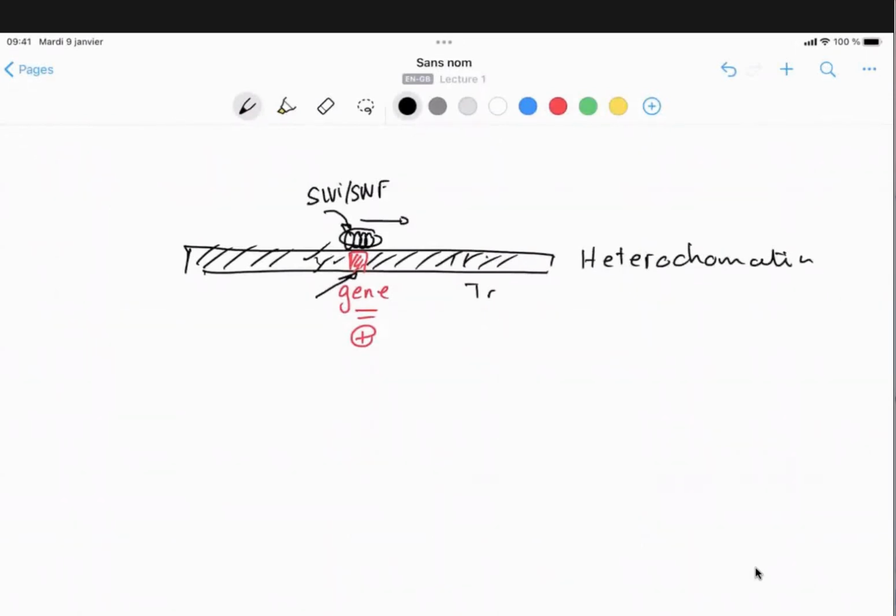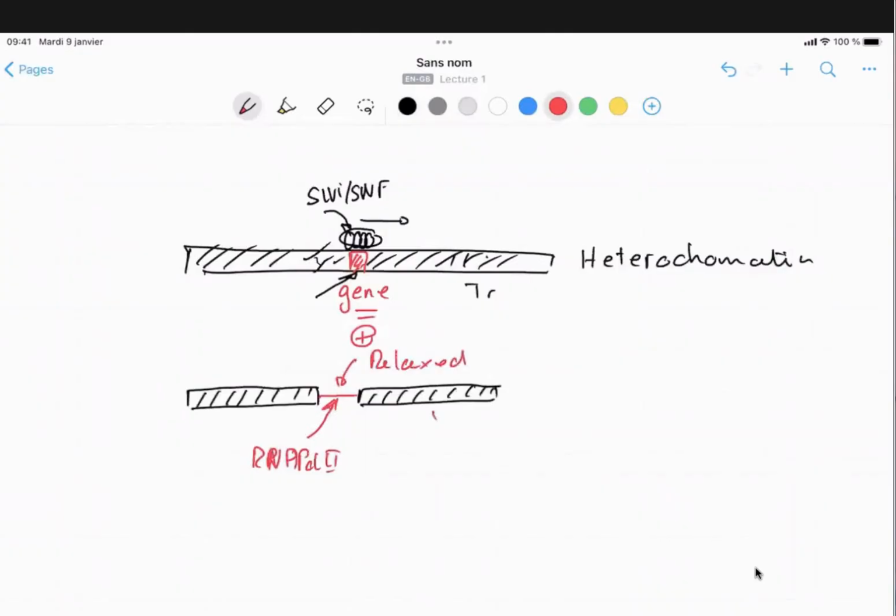So the consequence at the end is you keep, on the left and on the right, a heterochromatic state, so closed chromatin, but at the locus of the gene, you can have access for RNA pol 2. Okay, so it means that there it's relaxed, but here it is still compact. You understand?